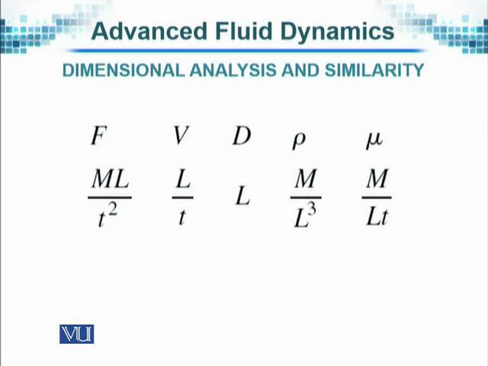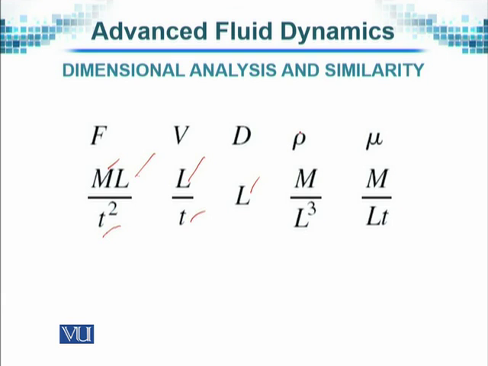And that can be seen from this little table here. Force will have dimensions of M L over t square. So there is M, there is L length, and there is time. Velocity is distance over time, so it has a dimension of L divided by t.